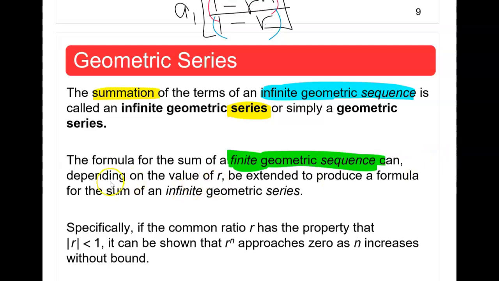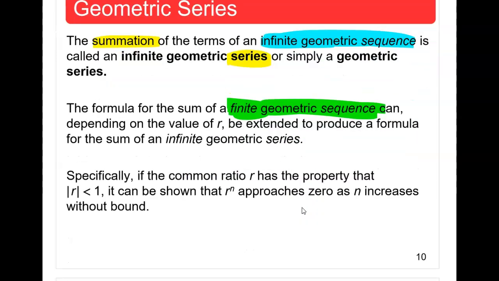I think I deleted a word. Oh, okay, I'm sorry, I was just reading wrong. The formula for the sum of a finite geometric sequence can, depending on the value of r, be extended to produce a formula for the sum of an infinite geometric series.